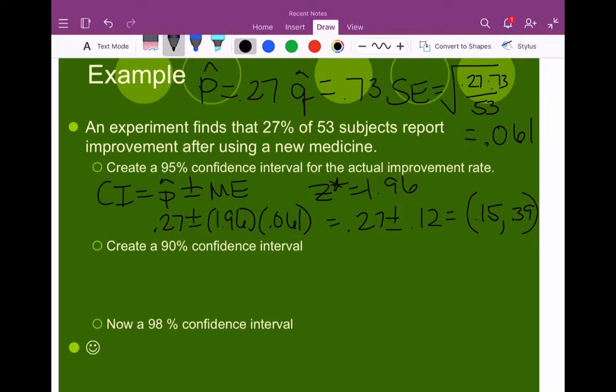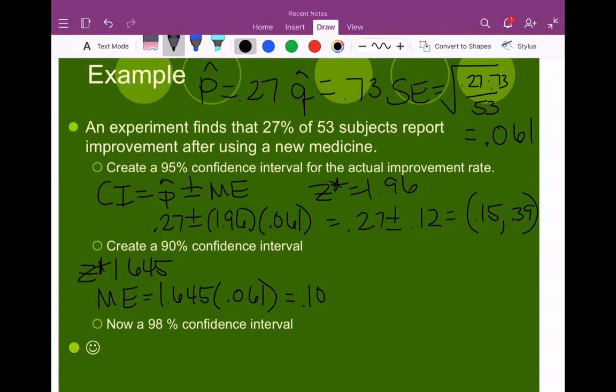The next confidence interval is a 90% confidence interval. For a 90% confidence level, our critical value is 1.645. So this time, my margin of error will be equal to 1.645 times my standard error of 0.061. This gives me a margin of error of 0.10.